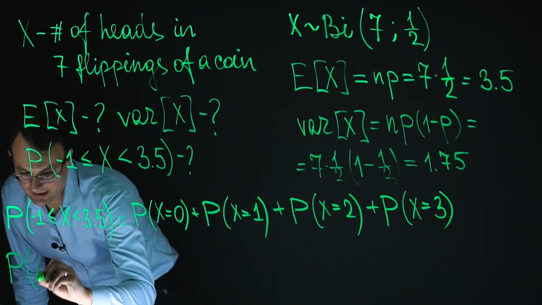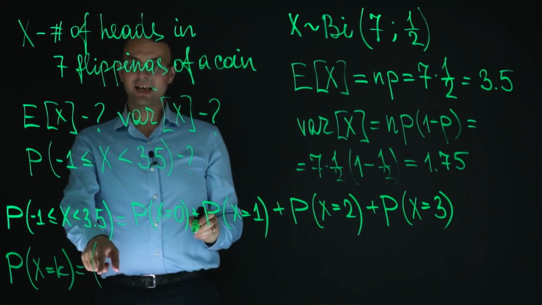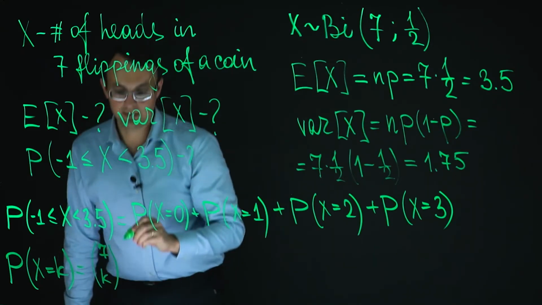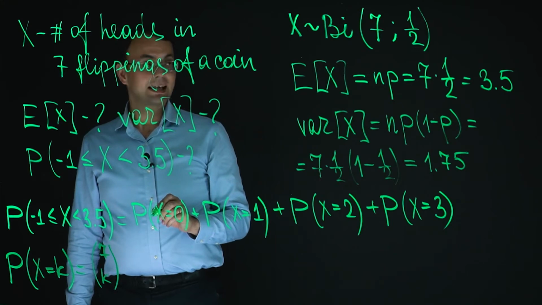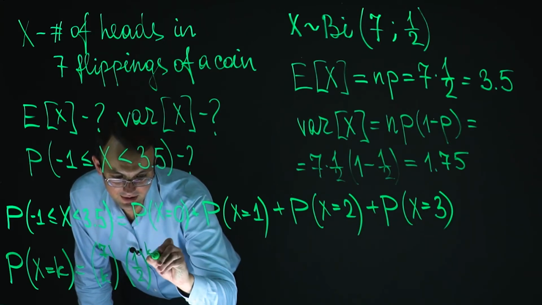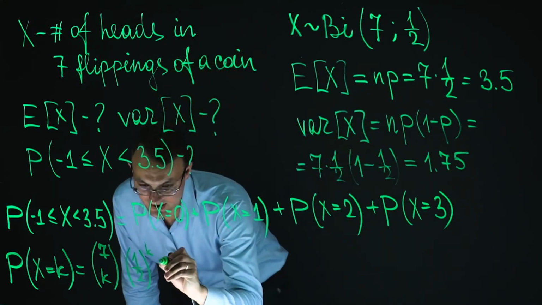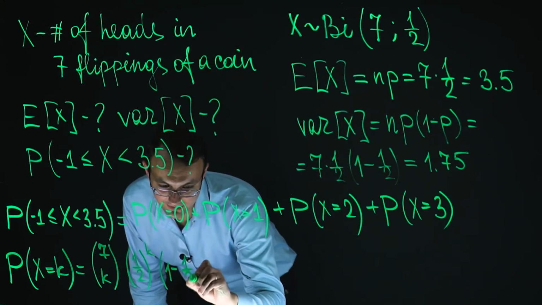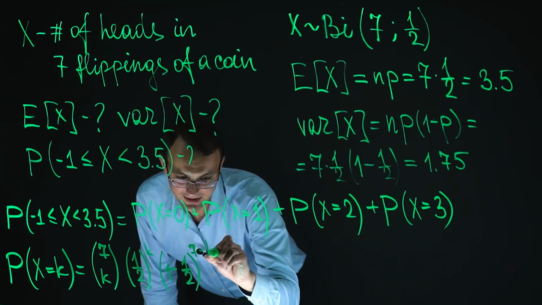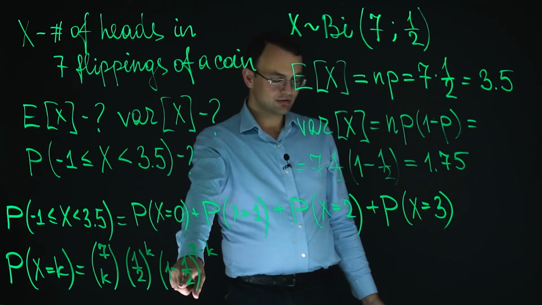Probability that x is equal to k can be found as n choose k, but our n is 7, so 7 choose k, times p to the power of k, our p is 1/2, so 1/2 to the power of k, times 1 minus p to the power of n minus k, so 1 minus 1/2 to the power of 7 minus k. So you see that in our particular case, this is 1/2 and this is also 1/2.